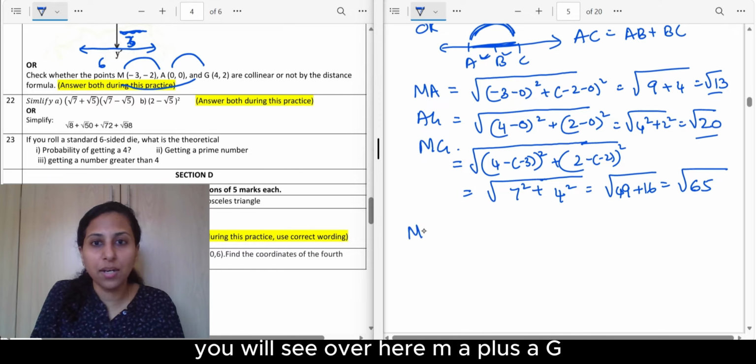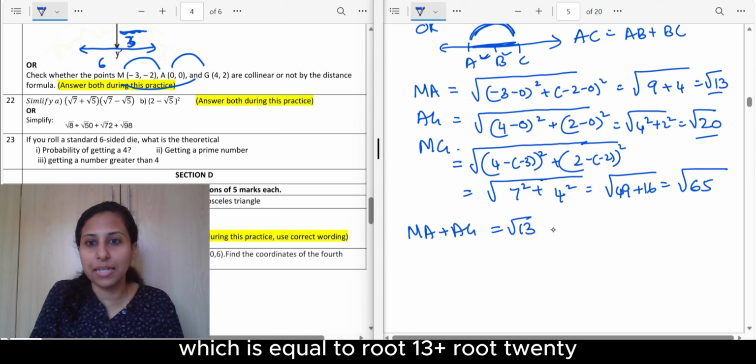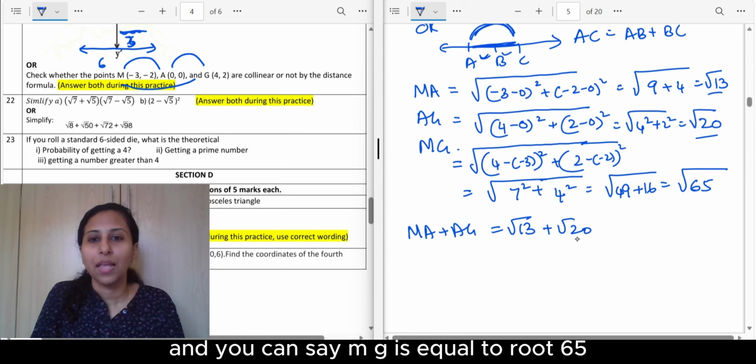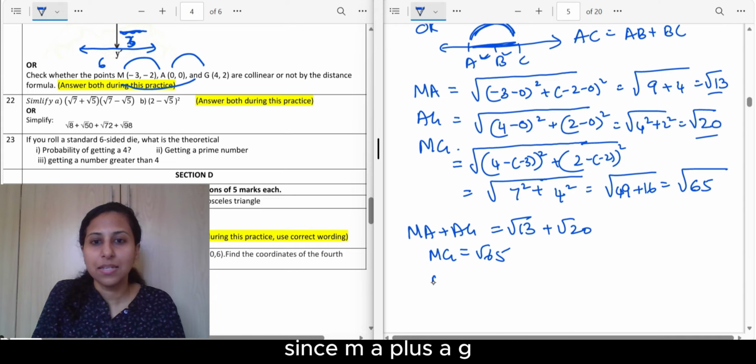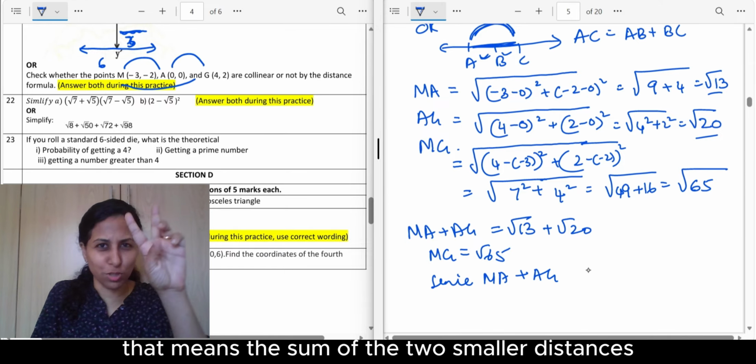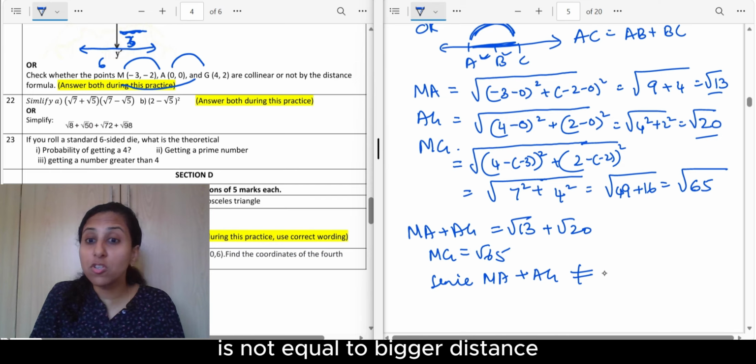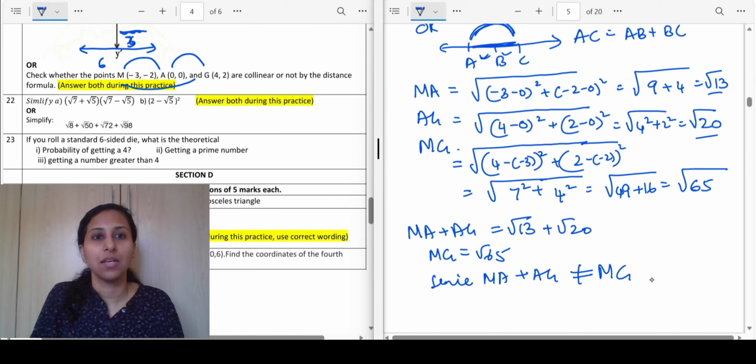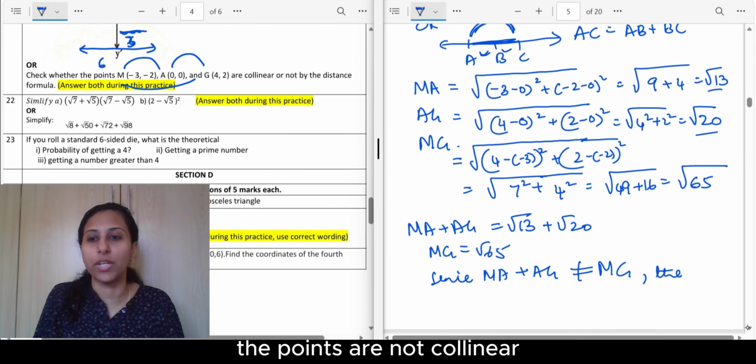You will say here MA plus AG is equal to root 13 plus root 20, and you can say MG is equal to root 65. Since MA plus AG, that means the sum of the two smaller distances, is not equal to the bigger distance, the points are not collinear.